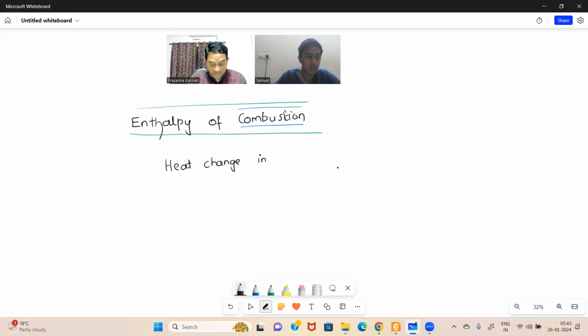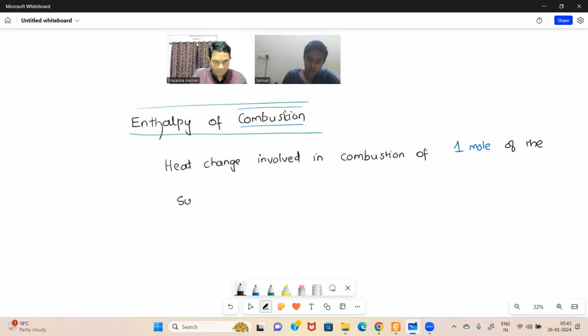So the heat change involved in combustion, you can use the word combustion, or you can say burning in oxygen of... Here again, how many moles? 1 mole. Yes. So the heat change involved in combustion of 1 mole of the substance is called enthalpy of combustion.